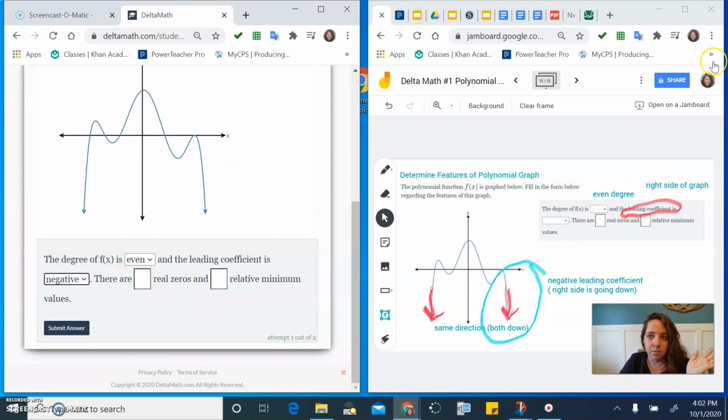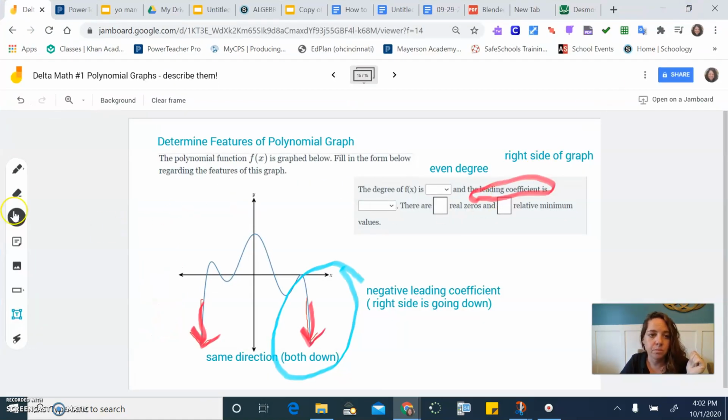Now, this is the easy part right here. There are blank real zeros and blank relative minimum. So to be a real zero, that just means that the graph is actually touching the x-axis. So how many times does this graph touch the x-axis? You're just counting.